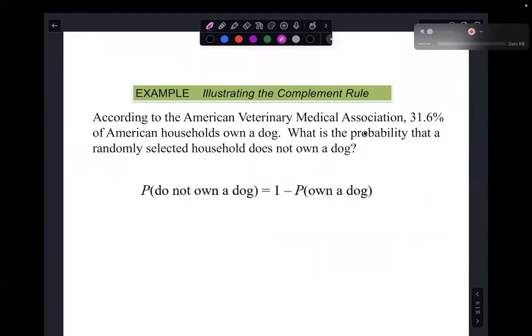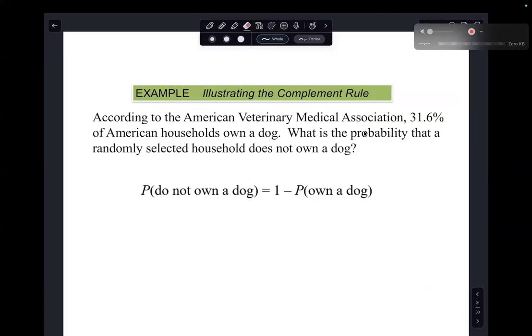For example, according to the American Veterinary Medical Association, 31.6% of households own dogs. What's the probability a randomly selected household doesn't own a dog?